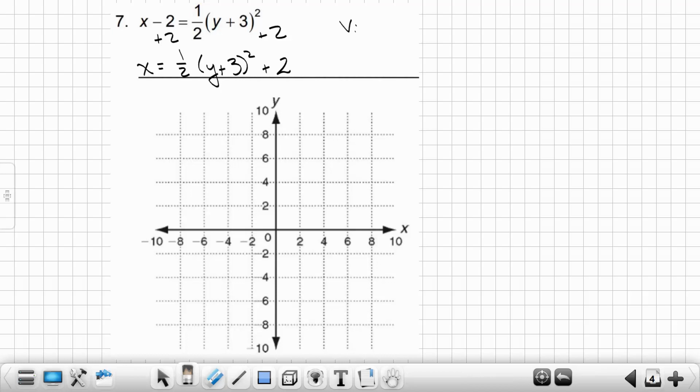This is on side C. Aaron? Close. (2, -3). Aaron, it's swapped because this is an x equals. Okay? So it's (2, -3). There's my vertex.